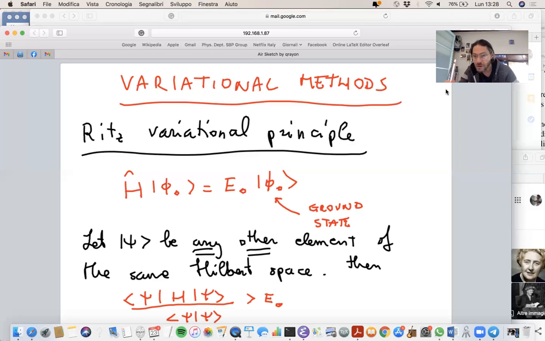The non-trivial part of this statement, however, is that psi is not required to be an eigenstate of the Hamiltonian. So let me just put it as a note.